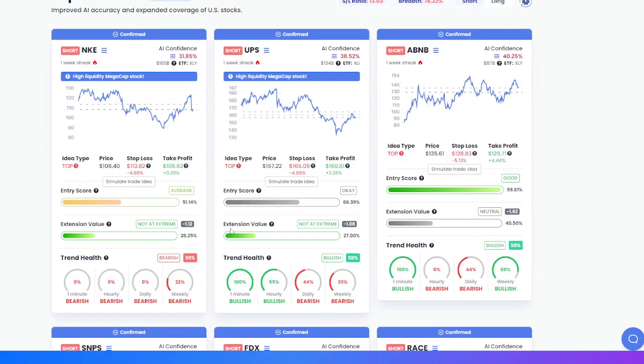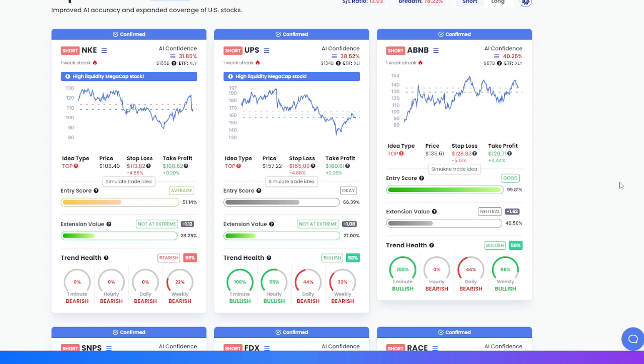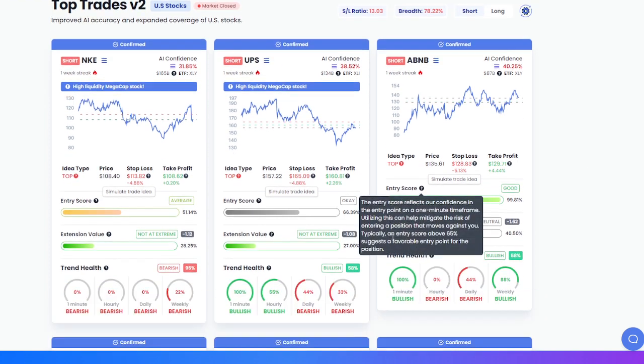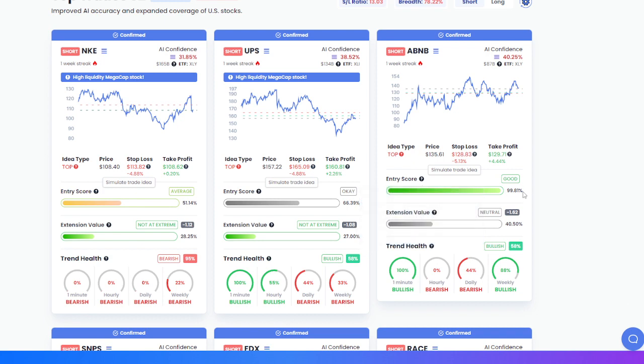And then the entry score, something we've changed is the entry score is on the 1 minute now instead of, I think it was the 1 hour. And when the market is open, this is changing in real time.